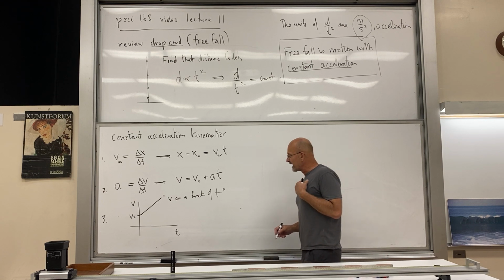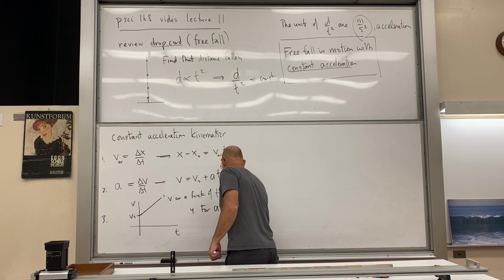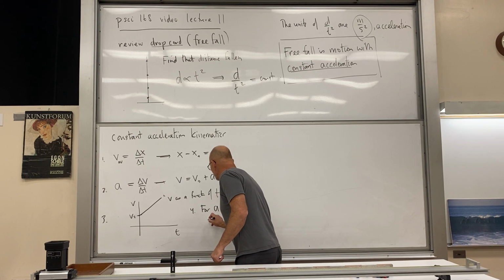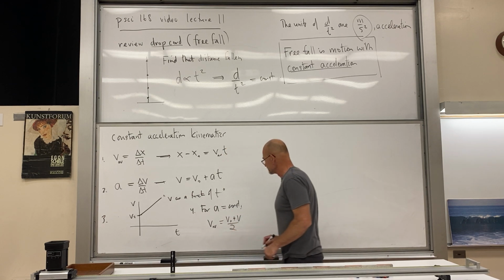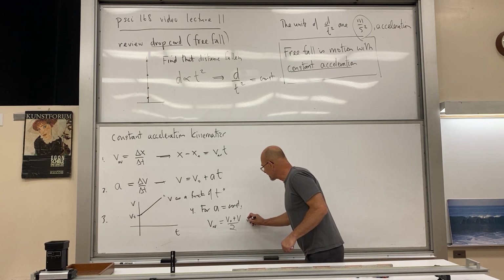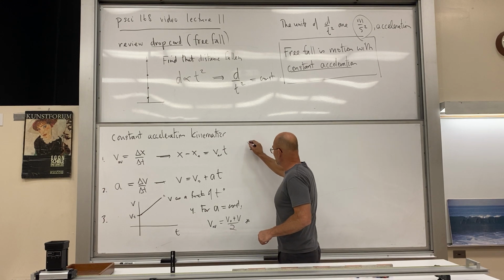And because of that, fourth point, for acceleration equals constant, V average is equal to V0 plus V divided by 2. Okay. And now I take this equation and plug it into here.